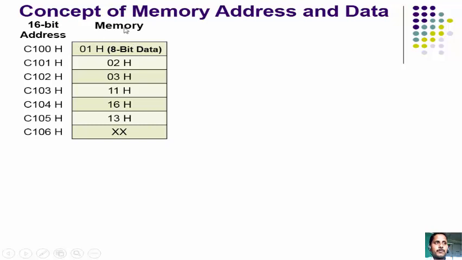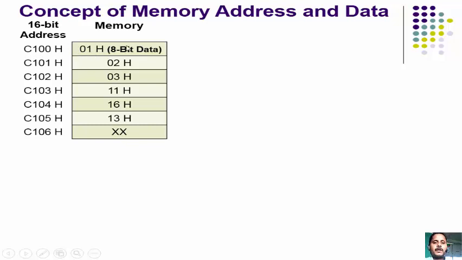So suppose memory is compared with the city and C100 is the address, and at this particular address 01 data is there, 8-bit data is given. That is, at this memory location with the address C100, 01 data is available.